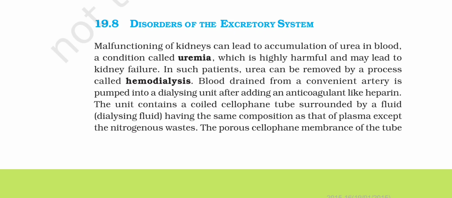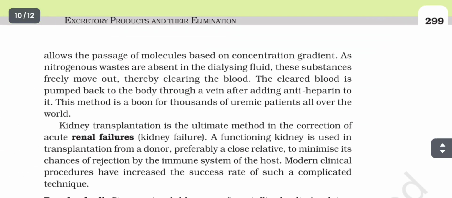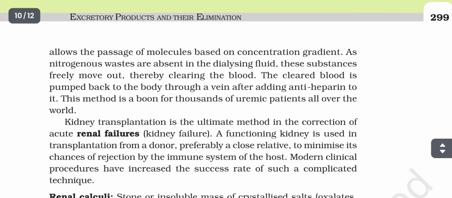Blood drained from a convenient artery is pumped into a dialysing unit after adding an anticoagulant like heparin. The unit contains a coiled cellophane tube surrounded by a fluid having the same composition as that of plasma except the nitrogenous wastes. The porous cellophane membrane of the tube allows the passage of molecules based on concentration gradient.